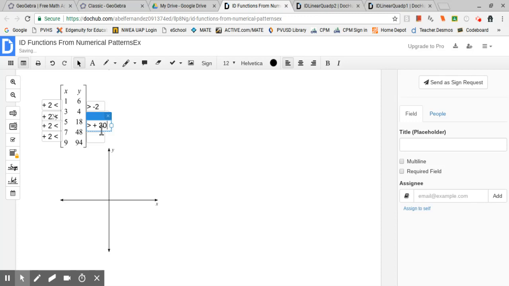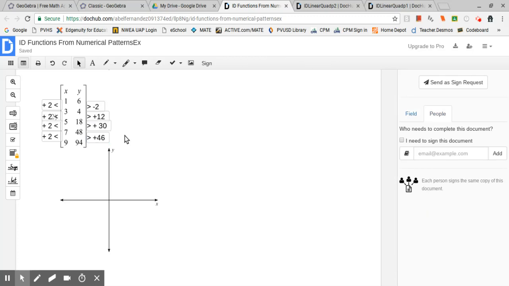And then from 48 to 94, I'm adding 46. So definitely not the add property. So this is not a linear function. Well, is there something else? Is there another property? Well, we already know this is quadratic because this is the same example.